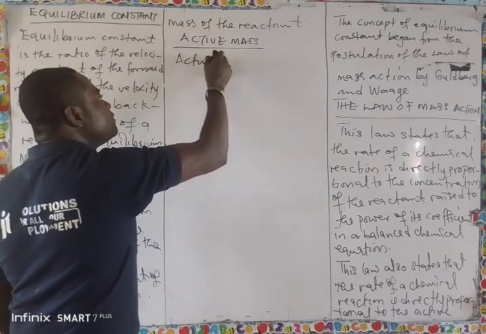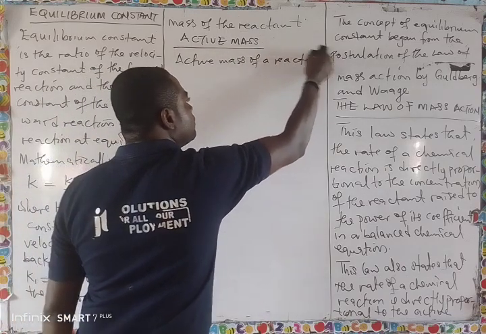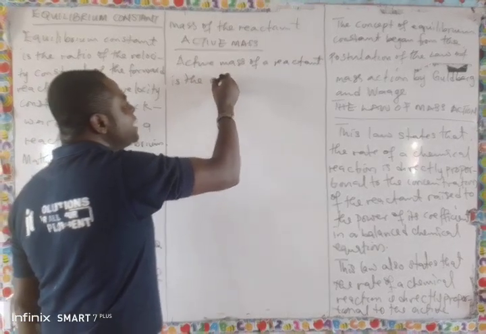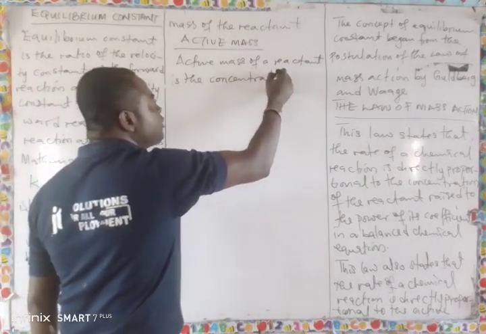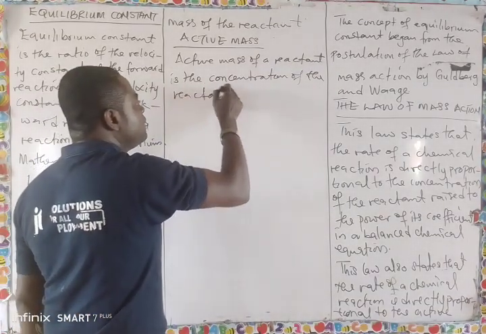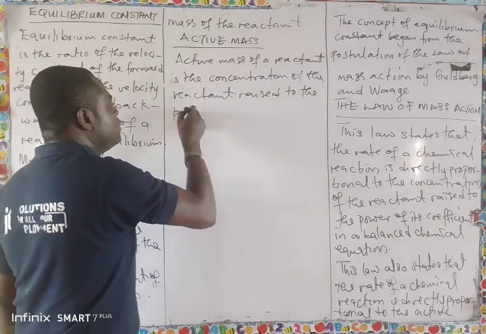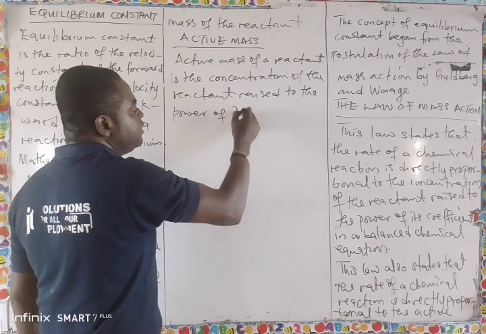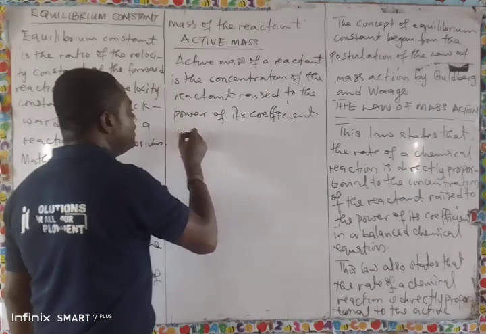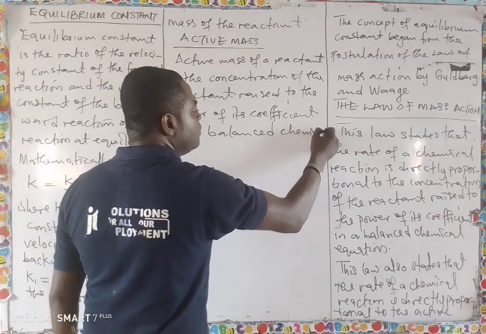Active mass of a reactant is the concentration of the reactant raised to the power of its coefficient in a balanced chemical equation.